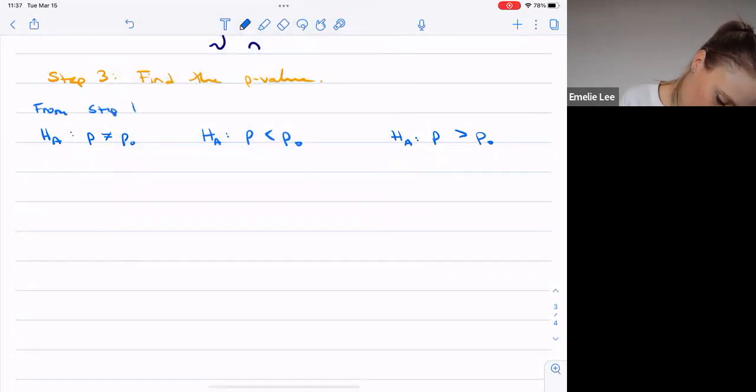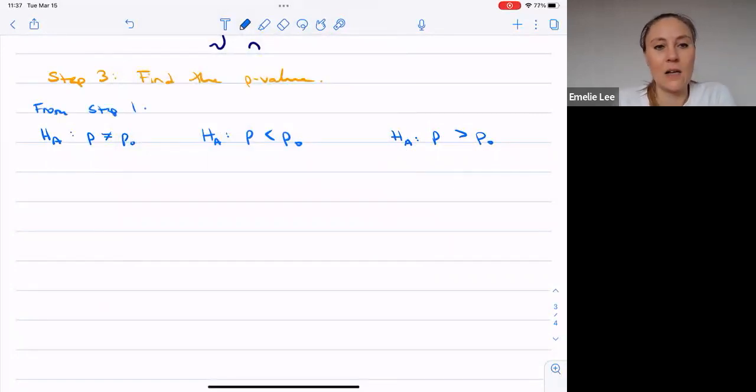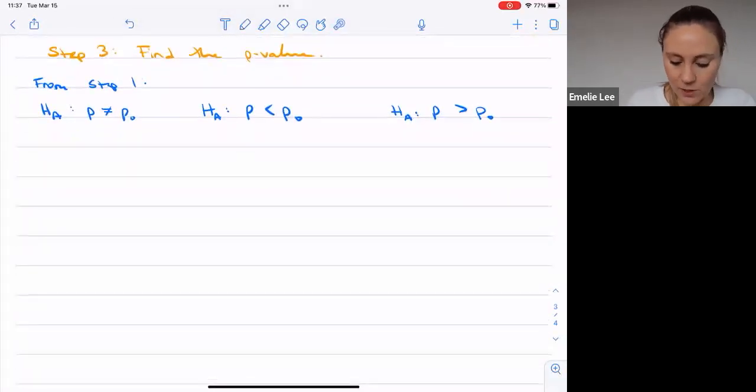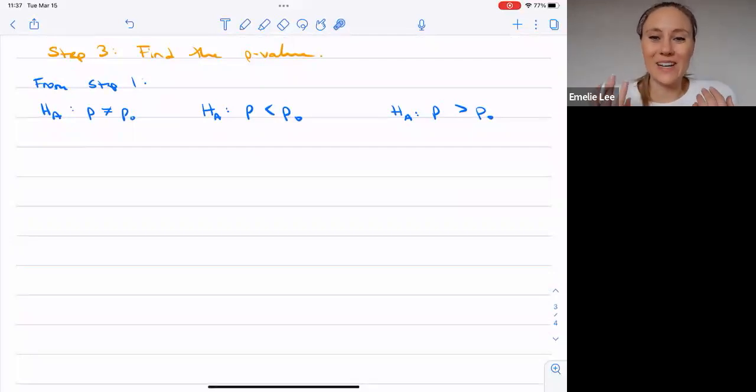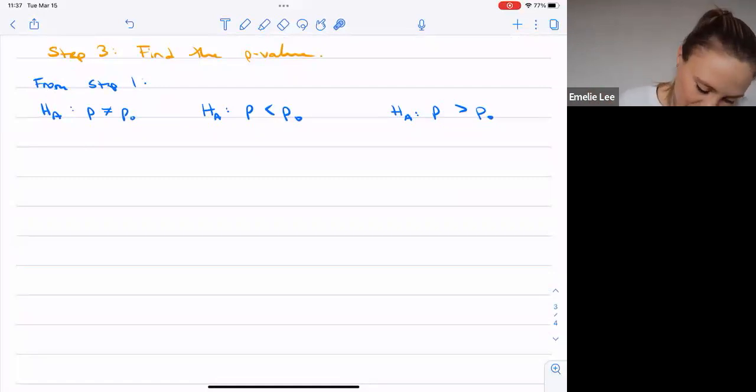From step 1, you're going to have one of these alternative hypotheses. And if you have this alternative hypothesis, you have to find the area in one of the tails and then multiply it by 2 to replicate it in the other tail.